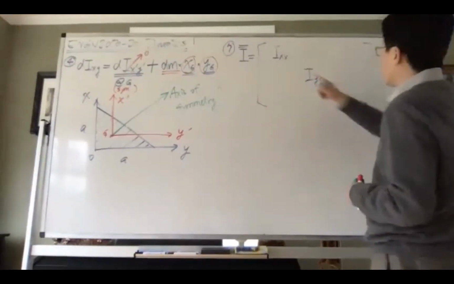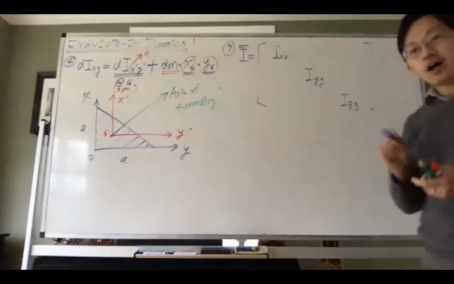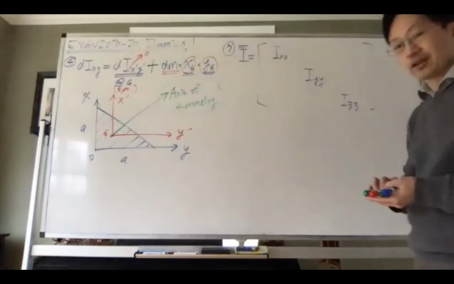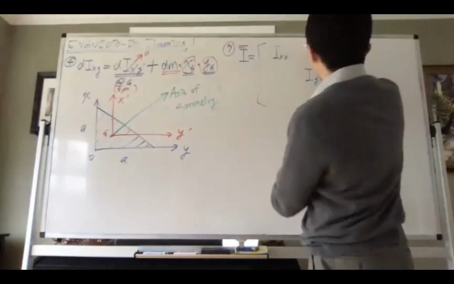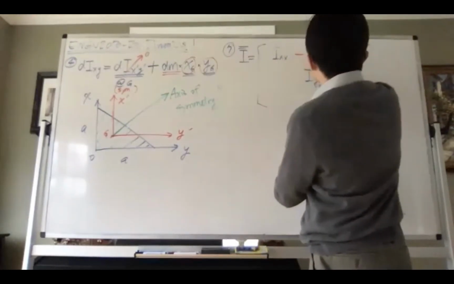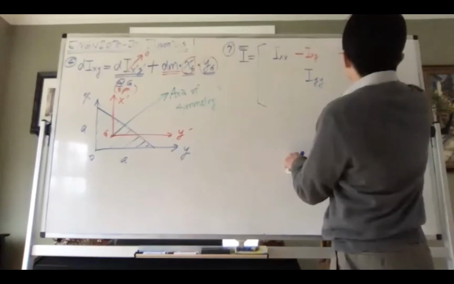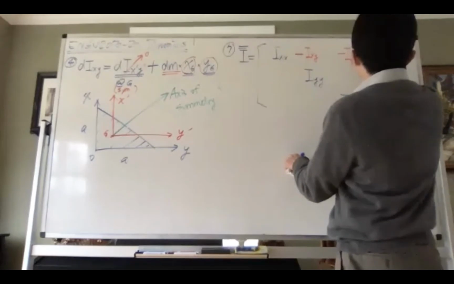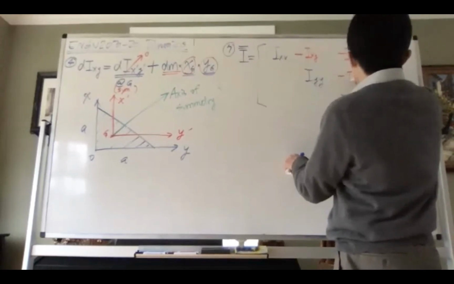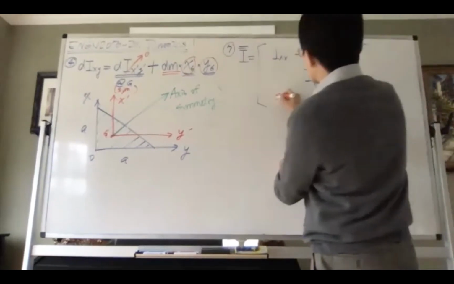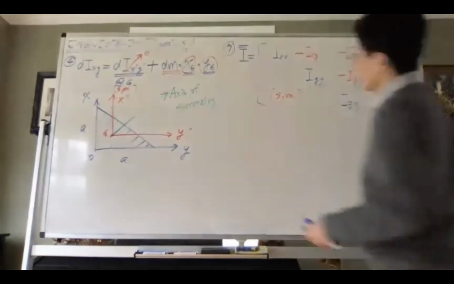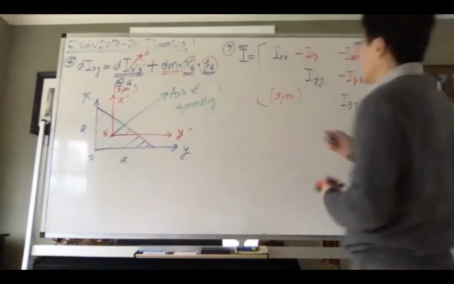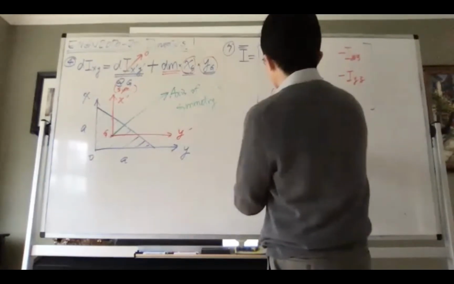Remember, they are mass moments of inertia. Off-diagonal terms are what we call products of inertia. And be careful that they are negative by definition. So you're going to have negative Ixy here, negative Ixz here, and negative Iyz. And this whole thing must be symmetric. This is what we call the inertia tensor.